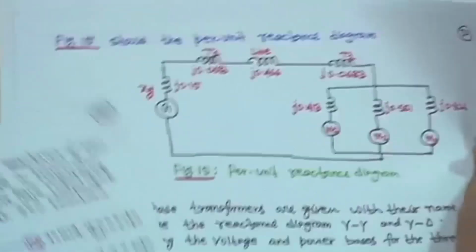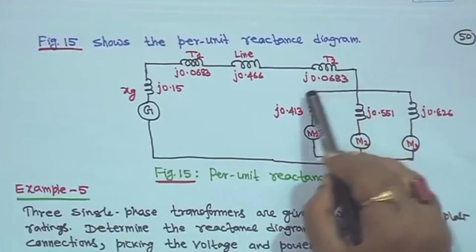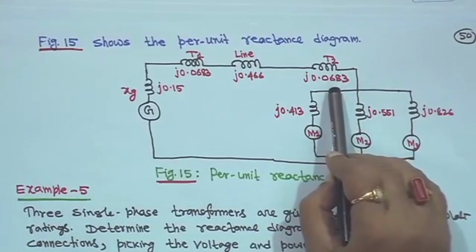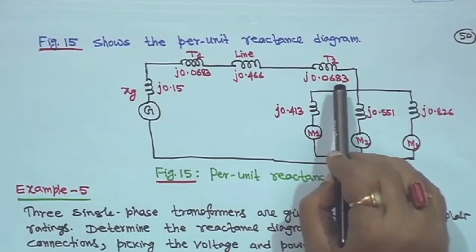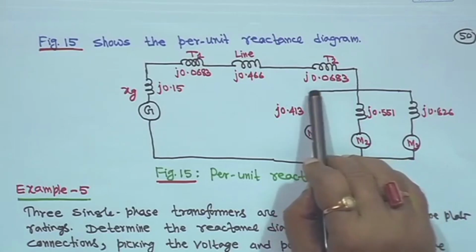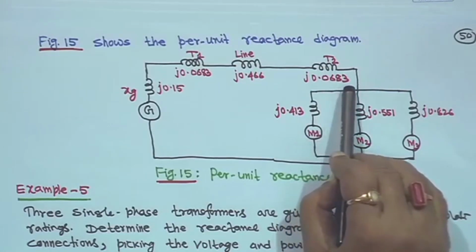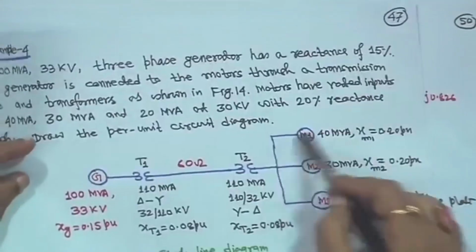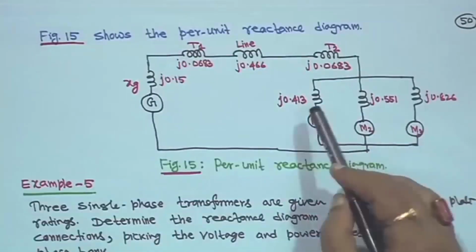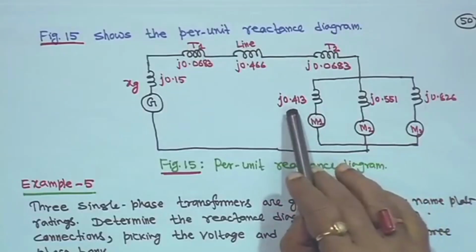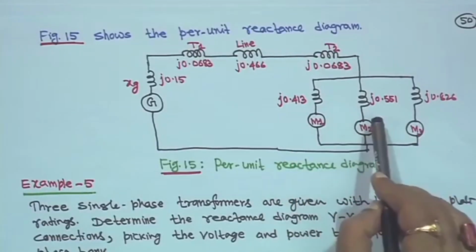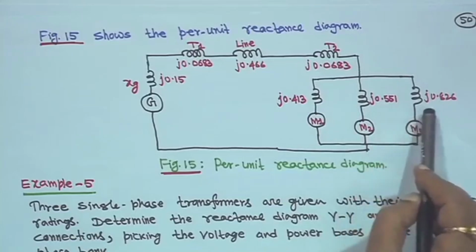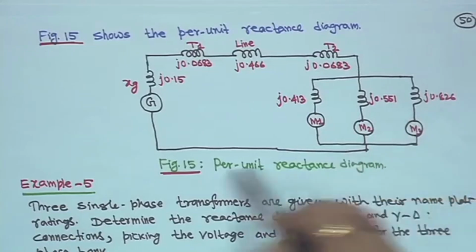Then this is transformer T2, both transformers have the same rating and same reactance, so j 0.0683 per unit. The 3 motors are all in parallel: motor 1 j 0.413, motor 2 j 0.551 and motor 3 j 0.826, and complete the diagram.